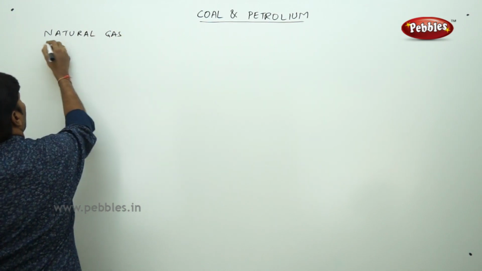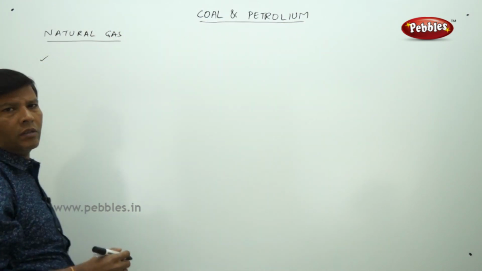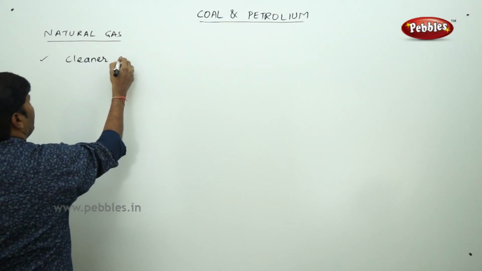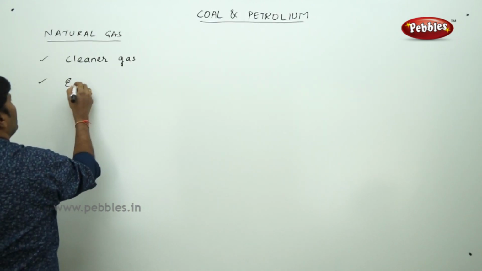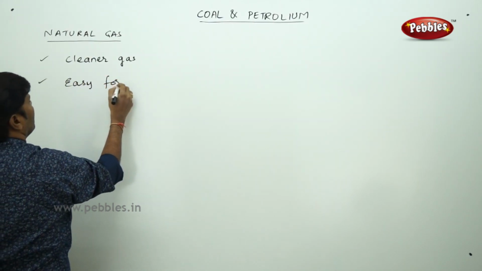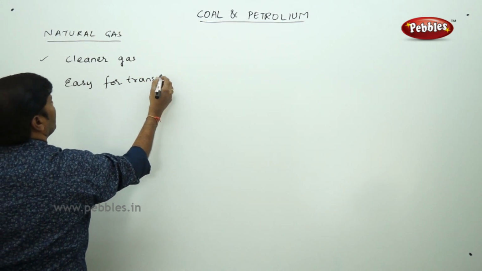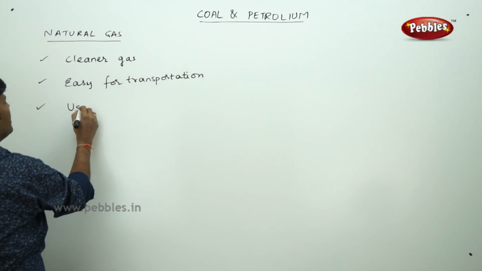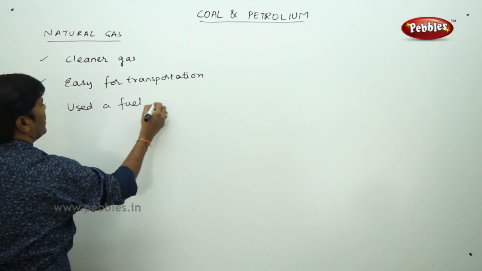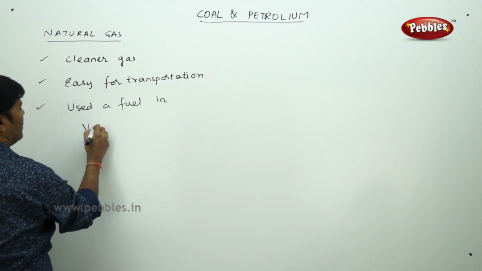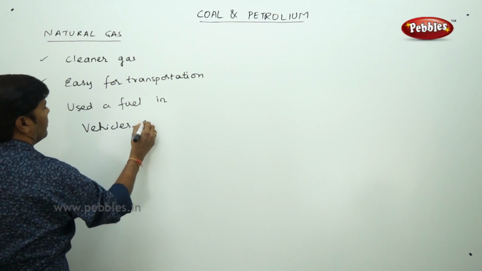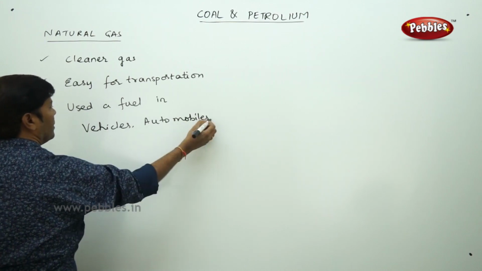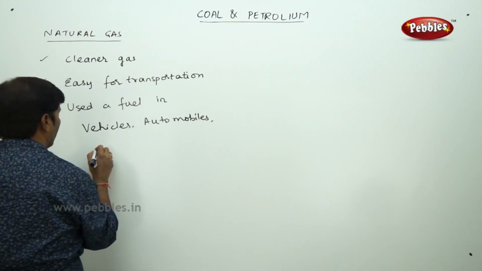Natural gas is a cleaner gas, easy for transportation, used as a fuel in automobiles, in vehicles, and it can also be used for domestic cooking.